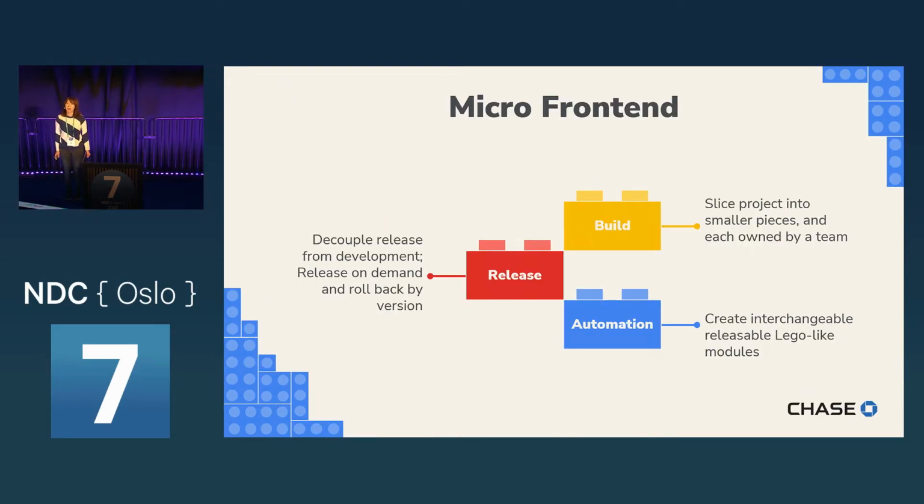Before we go into the technical detail of the project itself, I'm going to quickly talk about some theory, in case you've never heard of micro frontend. I'm sure you've heard the term microservices. Micro frontend is very similar in terms of theory.